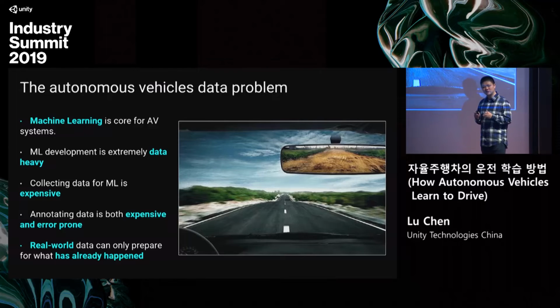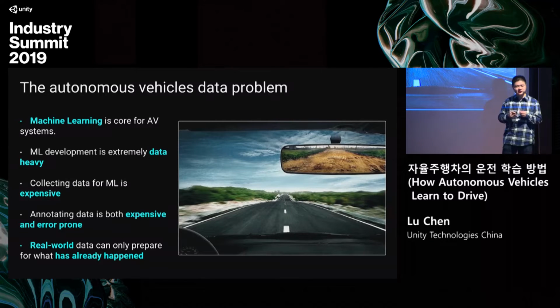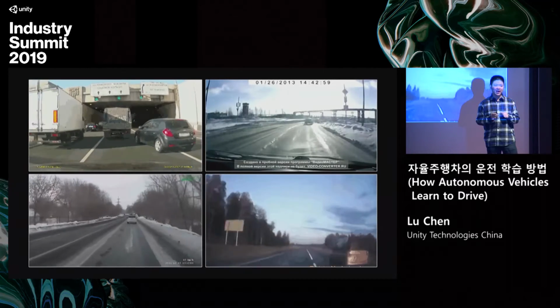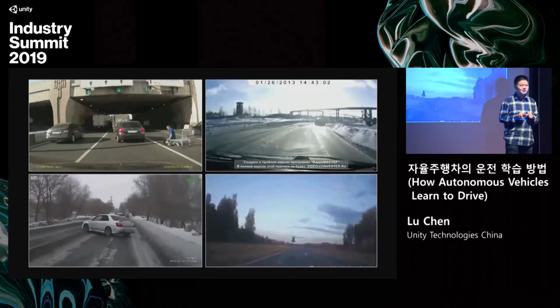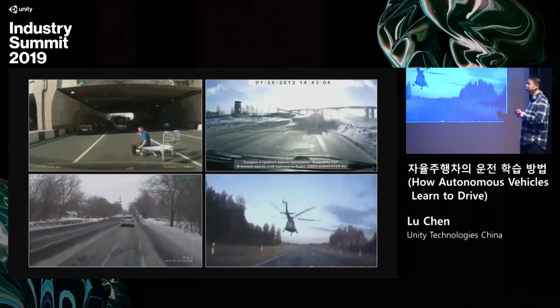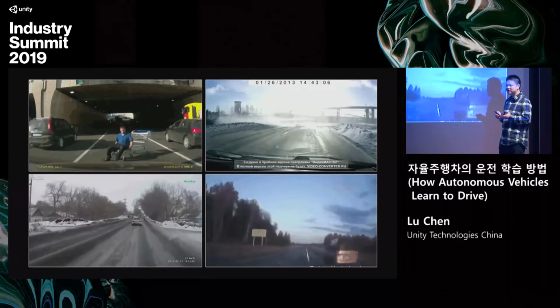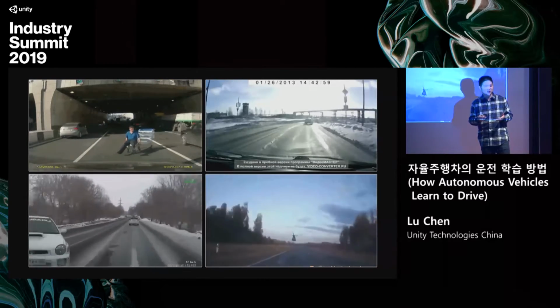But that is still not the worst thing, because real-world data has limitations. It can only reflect the scenarios that already happened. Just as the image shows, people always think, I have already seen many things, but actually there's always something behind you. This is some video recorded on a railroad, and you cannot imagine what kind of stuff can show up on the road.